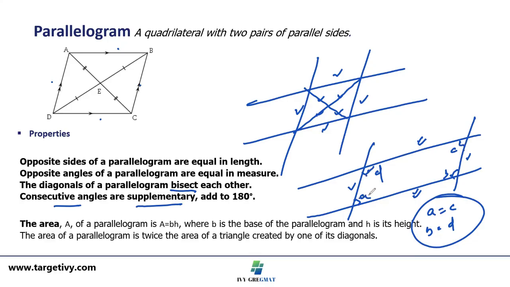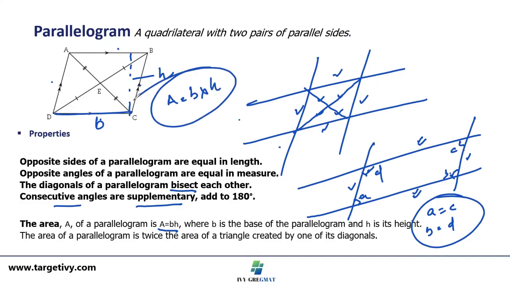The area of a parallelogram is base into height. So this is the base, and this is the height of the parallelogram. So area is equal to base into height. Fair?